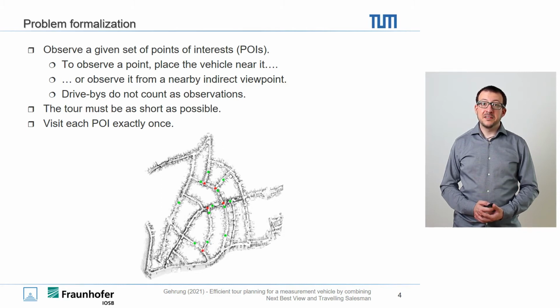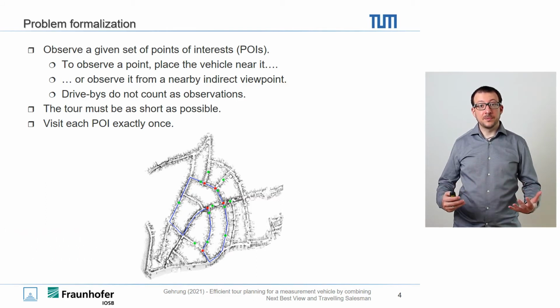For the sake of simplicity, drive-bys do not count as observations. The resulting tour has to be as short as possible and should visit every point of interest exactly once, as it is shown here. Please keep in mind that these constraints are crucial to ensure a simple algorithmic solution within this proof of concept.